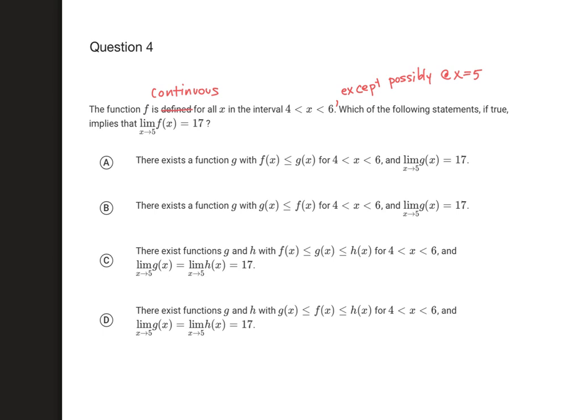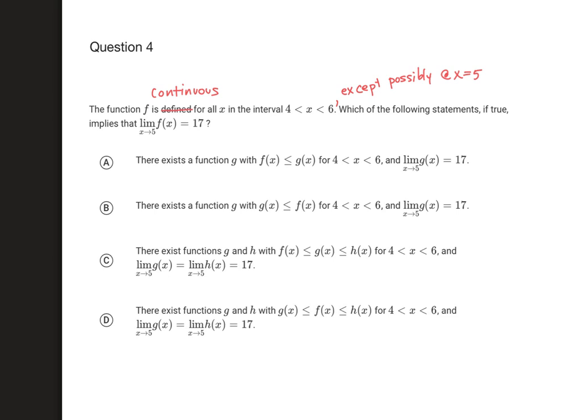And the squeeze theorem, if you're going to use it, whatever limit you're trying to show, in this case the limit as x approaches 5 of f of x equals 17, since this limit deals with f of x, then that should be in the middle. Okay, so if this is a squeeze theorem question, it's going to be D, because the function that we're interested in is in the middle.